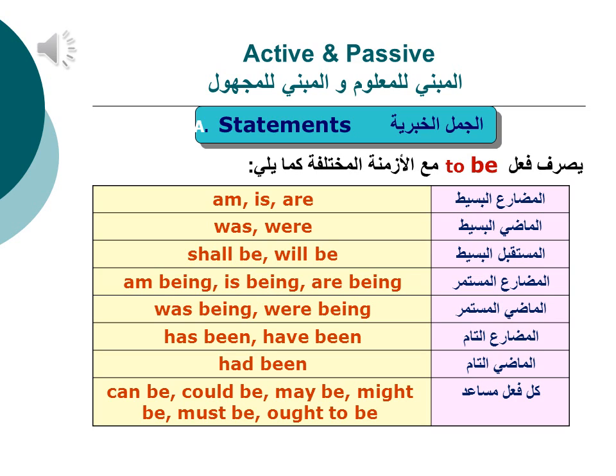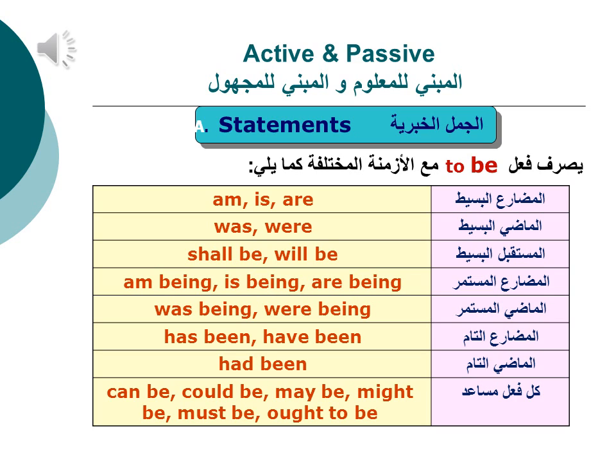They all take the same form, whether singular or plural. Had been doesn't change. For all the other auxiliaries, we use the verb to be in its base form. Can be, could be, may be, might be, must be, ought to be. Now let me give you an example for each.